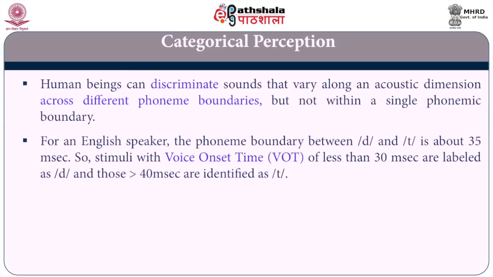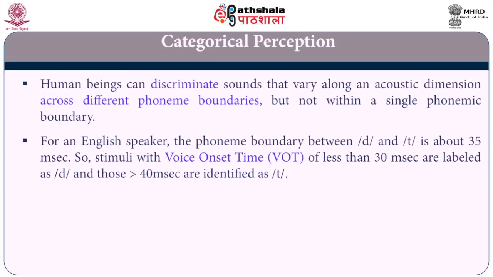So, if you give the ear a synthetic syllable with a voice onset time of less than 30 milliseconds, all English speakers call it da, and if it is more than 40, they'll call it ta. I told you voiceless plosives have higher voice onset time, voiced plosives have lower voice onset time.